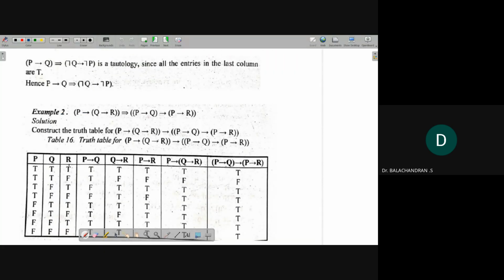This is wrong. So P implies Q implies negation Q implies negation P is a tautology. The reason is all the entries in the last column are true. Hence P implies Q is a tautology, and here only we put this symbol, tautologically implies.